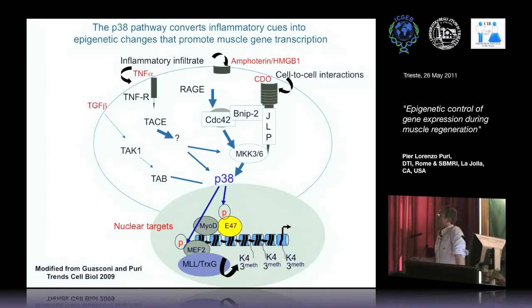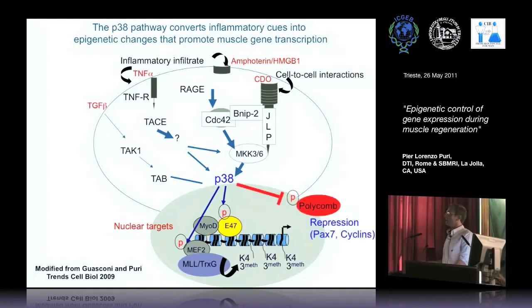So we and other groups established that phosphorylation of MEF2C, the MyoD heterodimer partner E47, and others coordinate the recruitment of this complex on muscle genes.